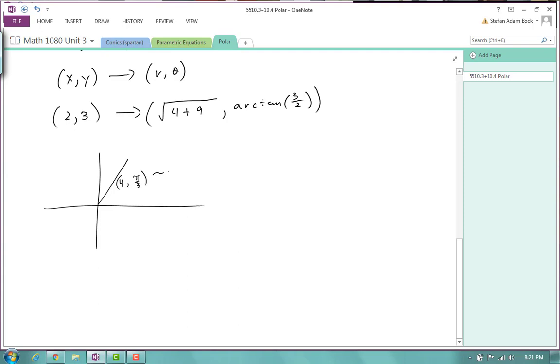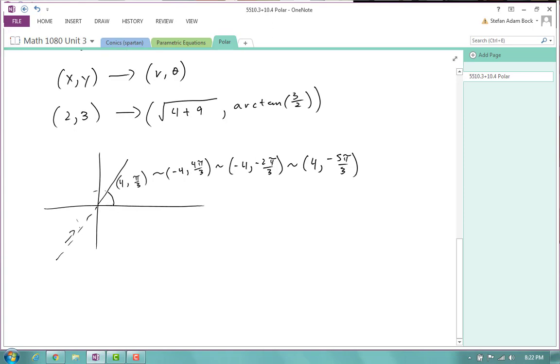Well, this is also negative 4, 4 pi over 3. Which is also negative 4, negative 2 pi over 3, which is also 4, negative 5 pi over 3. Because I can go up to this angle, pi over 3, and then go out by 4, or I could go all the way around to the opposite side and go backwards by 4.